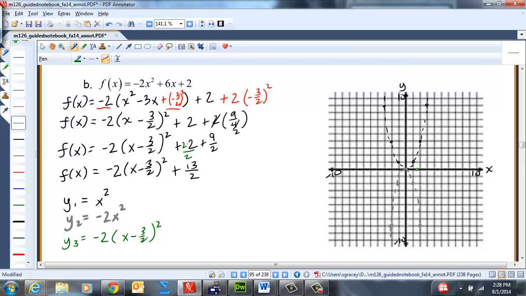So I have an ordered pair here, and then 1.5, 1.5, 1.5, and 1.5. So I'm almost there. So now we have this graph.